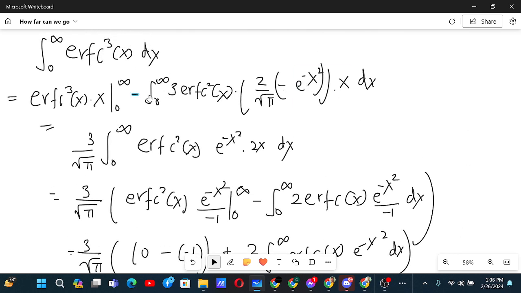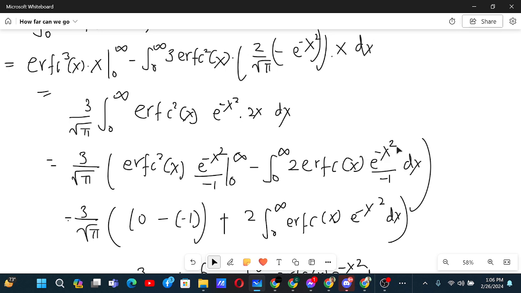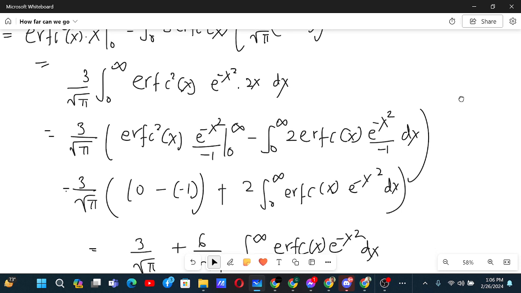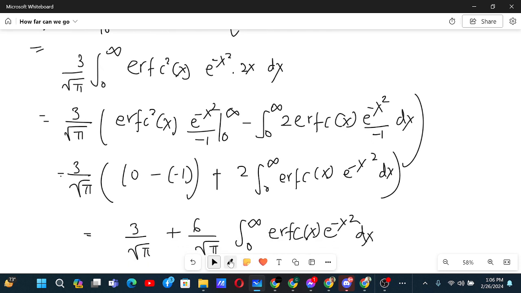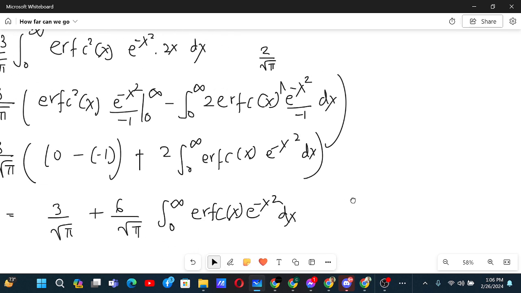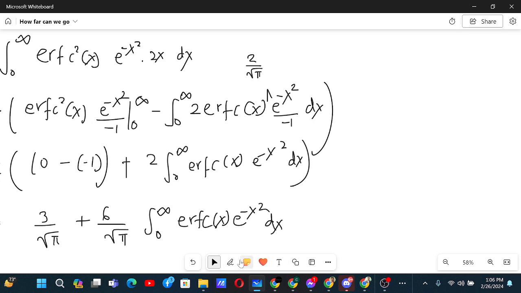Basically we had a minus sign, that's fine, and now this is, oh, I think I missed something. When I differentiated erfc of x, I should have also included 2 by root pi. So let me erase these things. There's already a mistake. I did feel like I had made one.